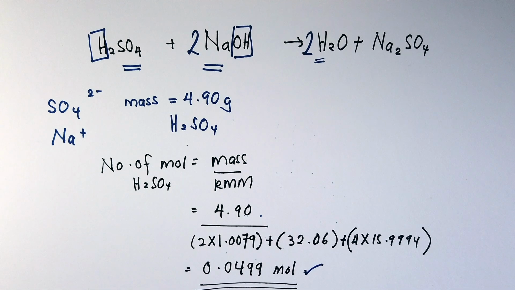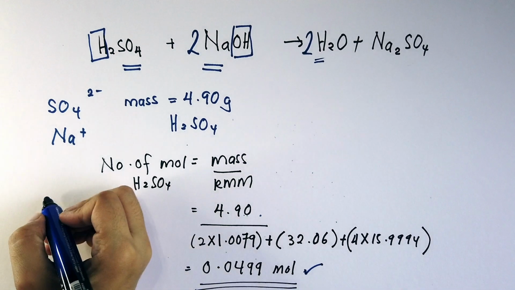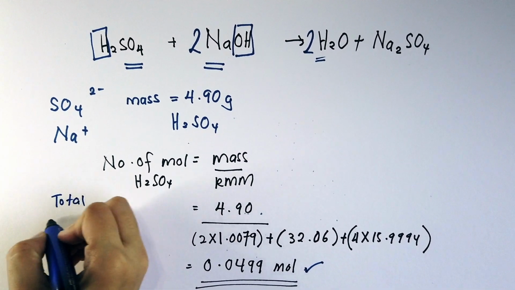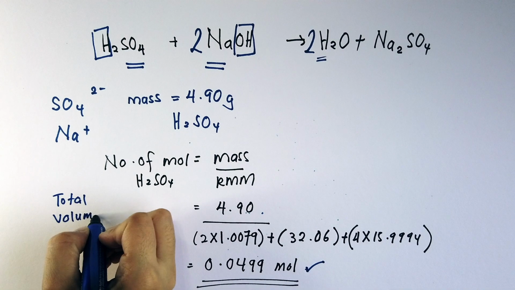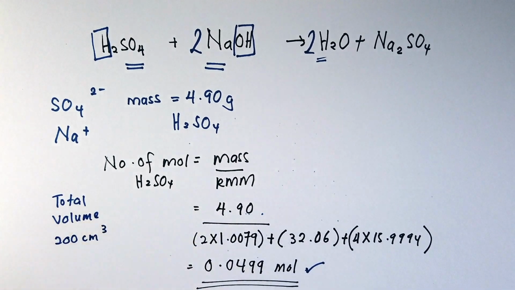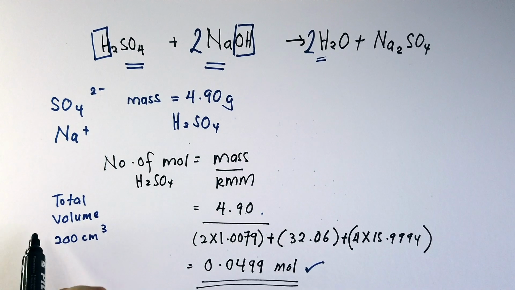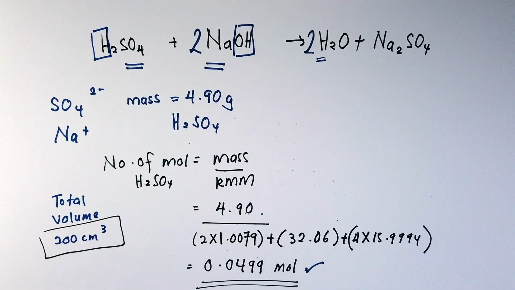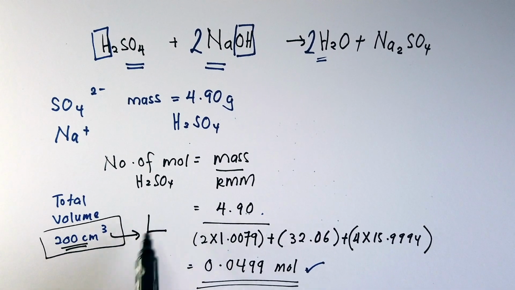And then when you look at the question again, it says that the total volume is equivalent to 200 centimeter cube. So remember, when you want to calculate the molarity, the volume must be in liter.